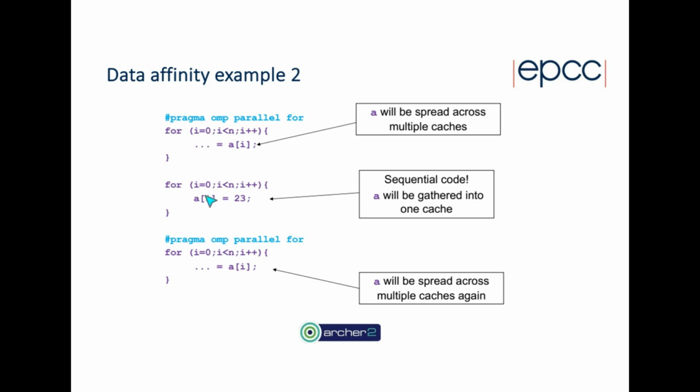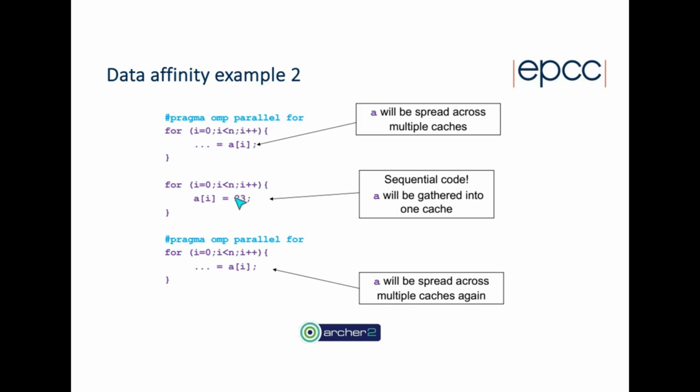Then we have a sequential loop that resets the values of A to something, and then we repeat the parallel loop that reads A again. If you think about the cache coherency mechanism, bits of A are going to get distributed across different caches where the different threads executing this loop are running.